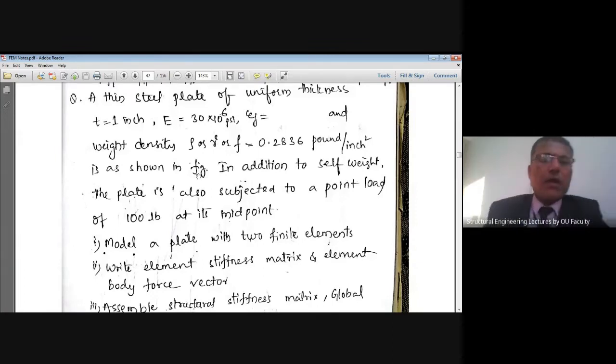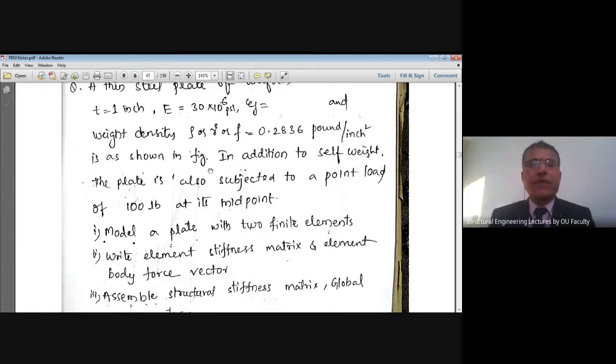Now, this is a numeric problem. A thin steel plate of uniform thickness t = 1 inch and Young's modulus E = 13 × 10⁶ psi, and the weight density ρ = 0.2836 pound per cubic inch, is as shown in the figure.